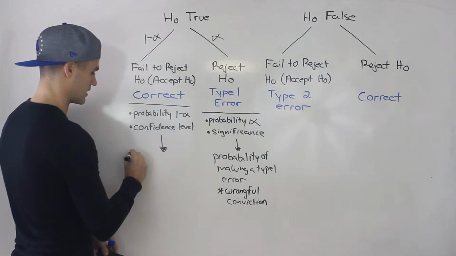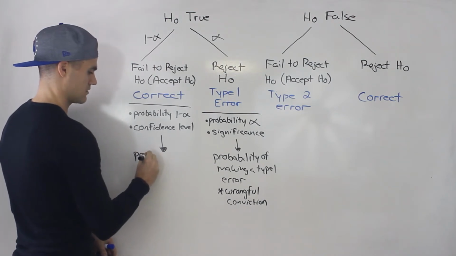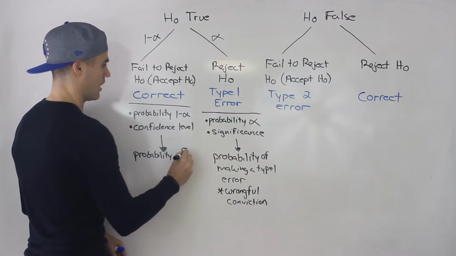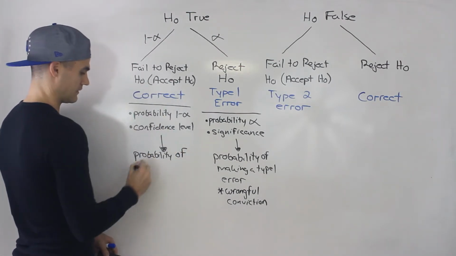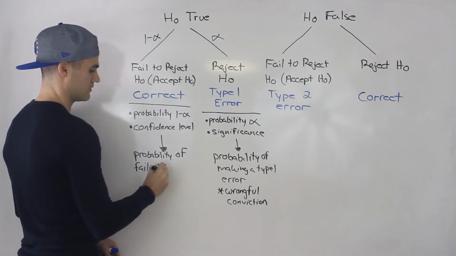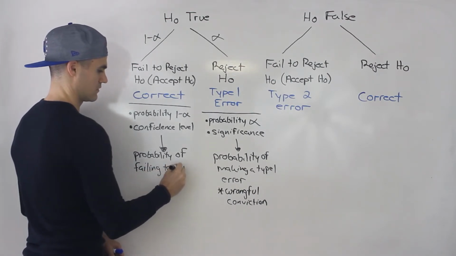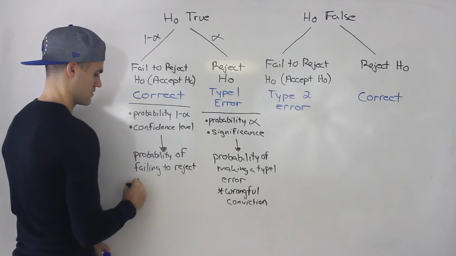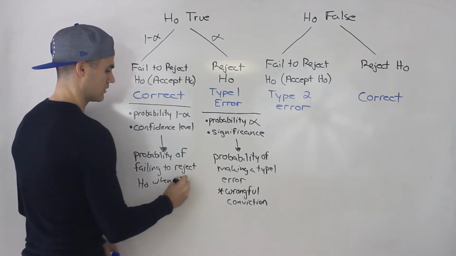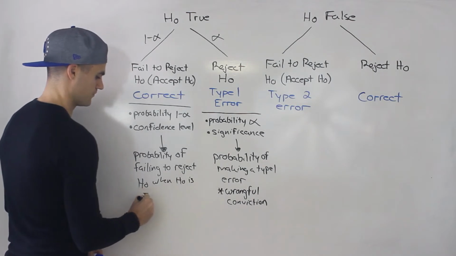More specifically, it's the probability of failing to reject the null, or accepting the null, when the null is true.